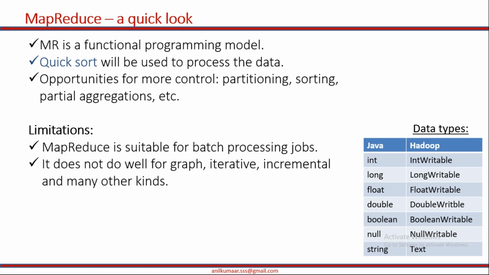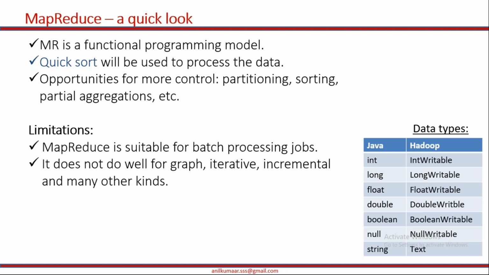That's it. And coming to the data types. In Java, we have integer, long, float, double, and all, right? In a similar fashion, in Hadoop, the equivalents of these Java types are IntWritable, LongWritable, FloatWritable.